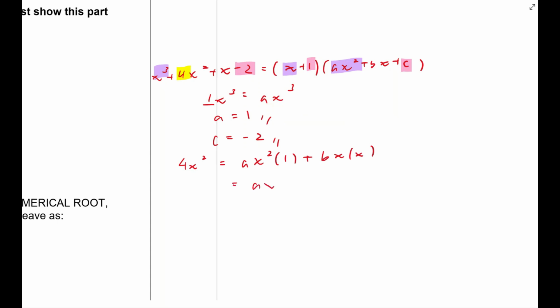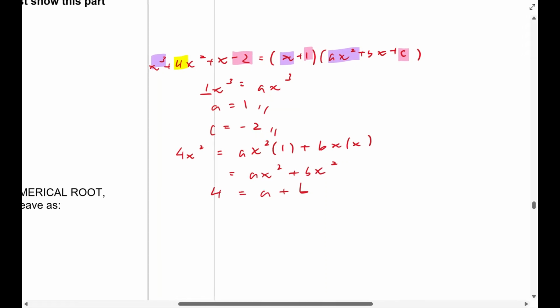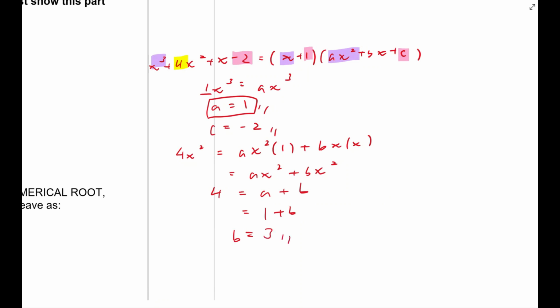So it equals ax squared plus bx squared. So 4 will equal a plus b. Now we already know what a is because we found it previously over here. So we can sub in our a. So equals 1 plus b. Now we move the 1 over. b equals 4 minus 1 equals 3.